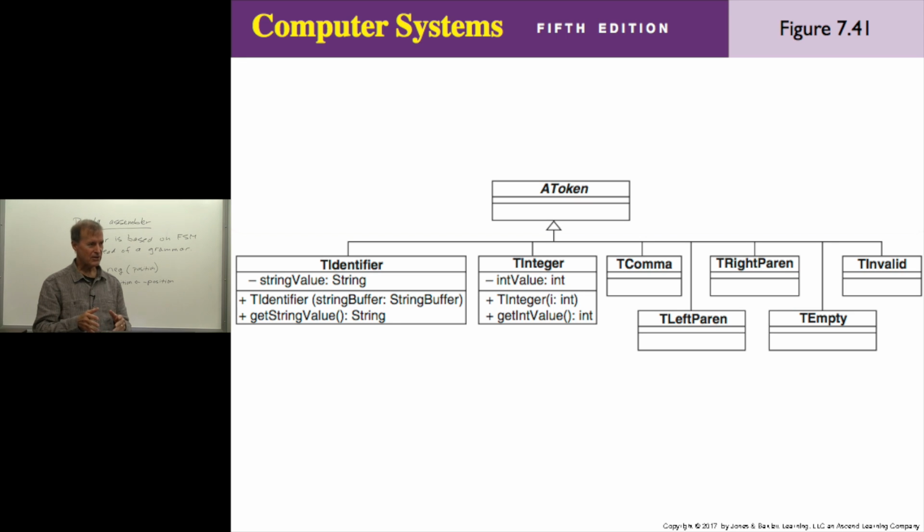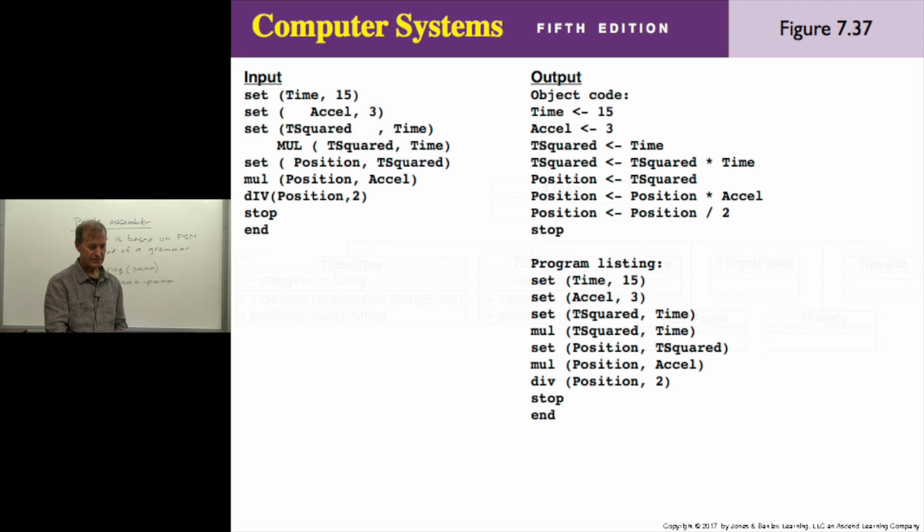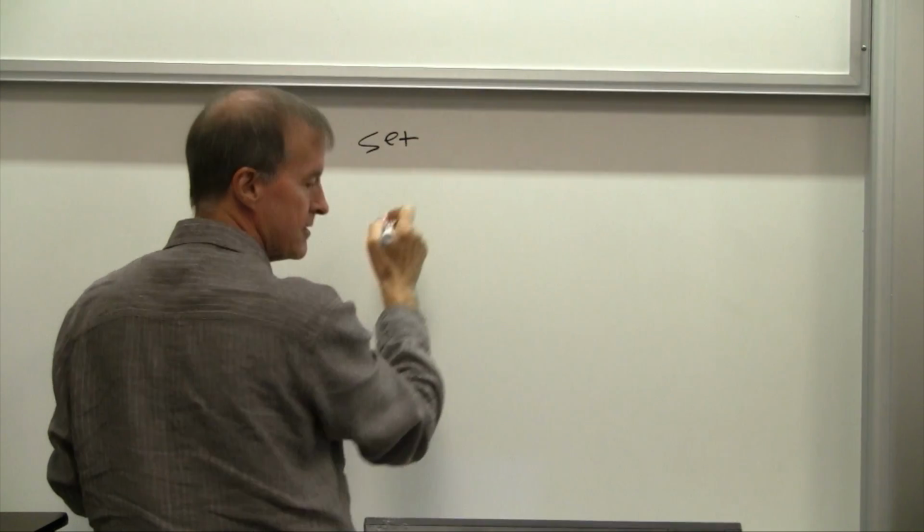Now, do you see where those all came from? Let's go back to figure 7.37, with this valid input. Let's just take a look at that first piece of code: set, paren, time, comma, 15, close paren.